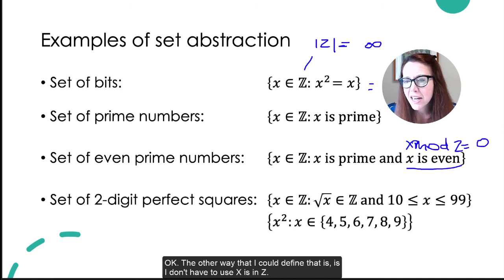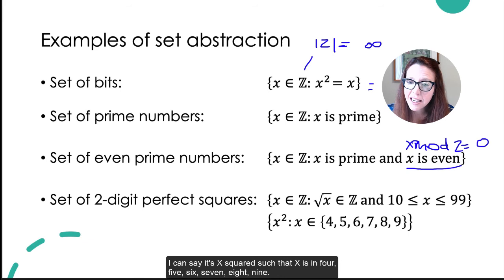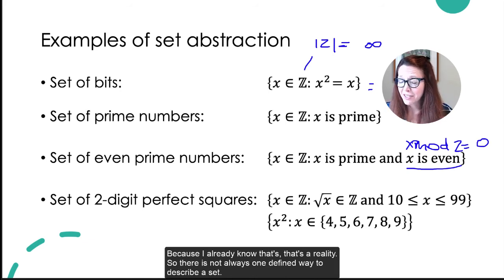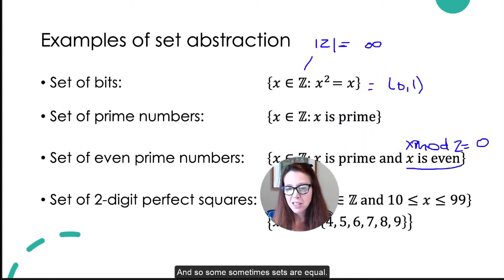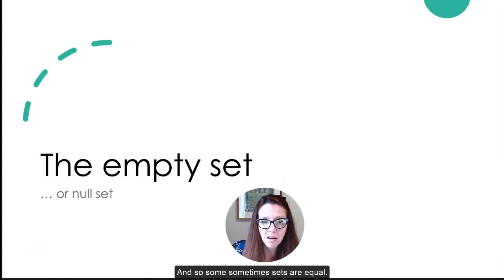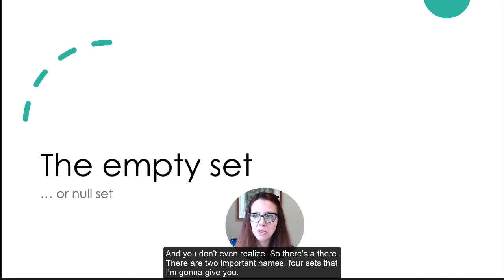The other way that I could define that is, I don't have to use x is in Z. I can say it's x squared such that x is in 4, 5, 6, 7, 8, 9, because I already know that's a reality. So there's not always one defined way to describe a set, and sometimes sets are equal and you don't even realize.